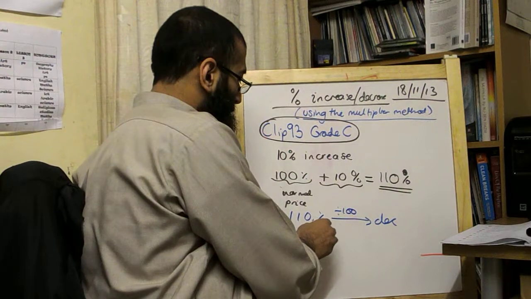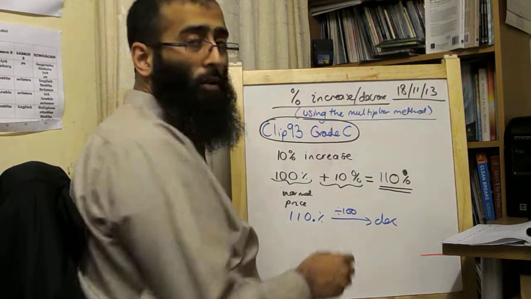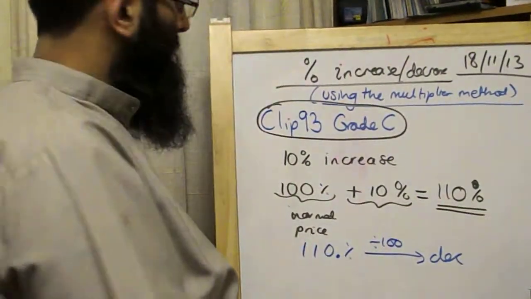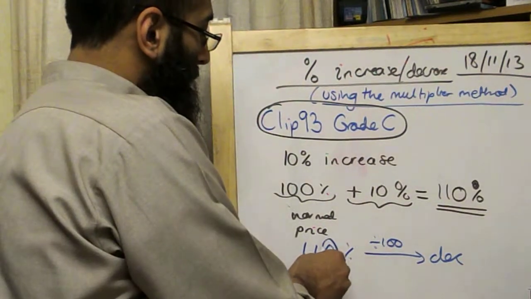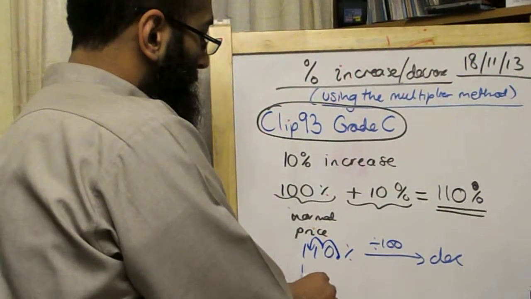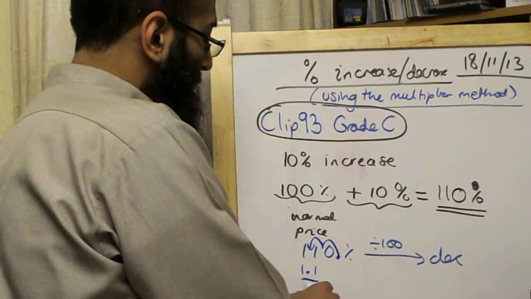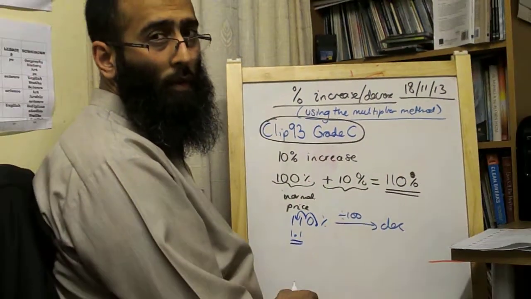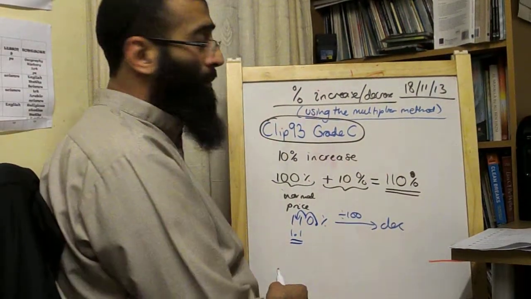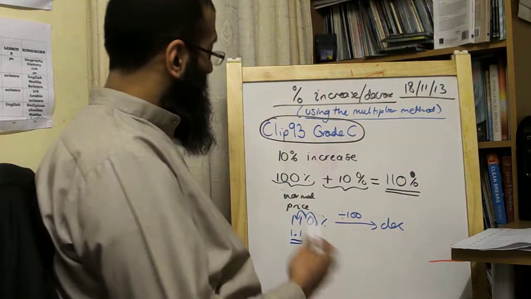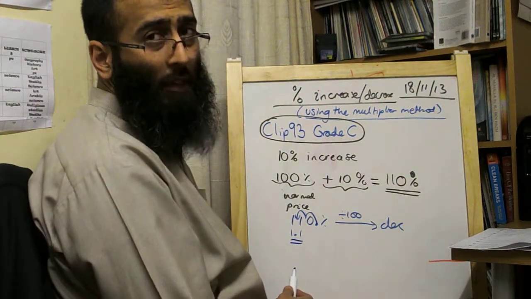So we take the decimal point, which is at the end of any whole number, and we move it 2 places back, and that gives us a value of 1.1. So 1.1 is the multiplier we're going to need to use in the question that they give us.